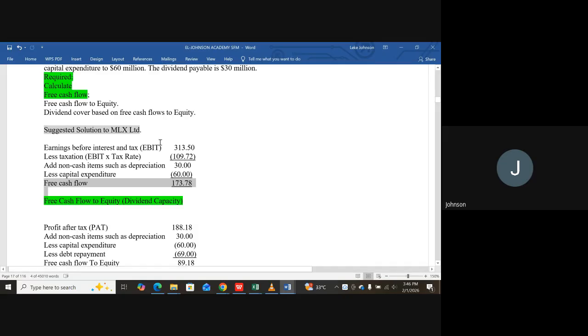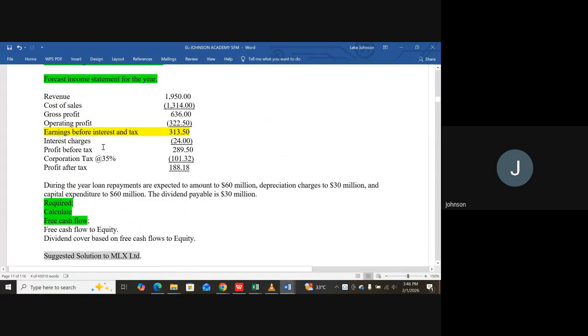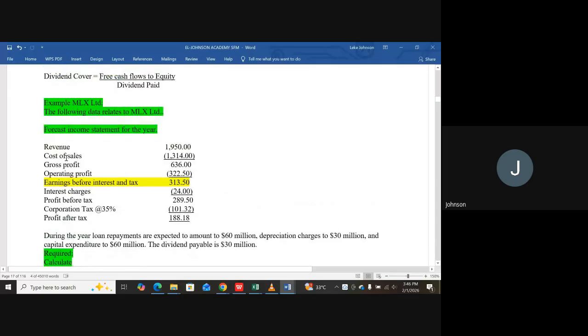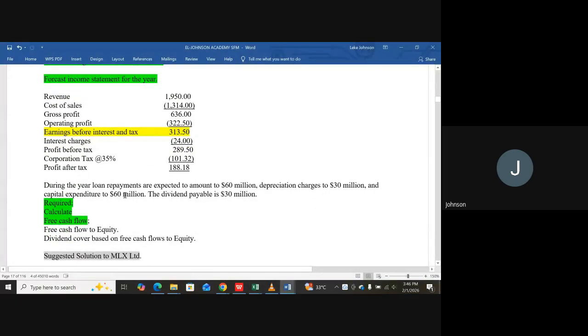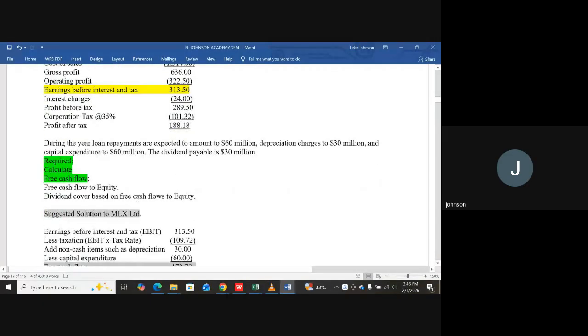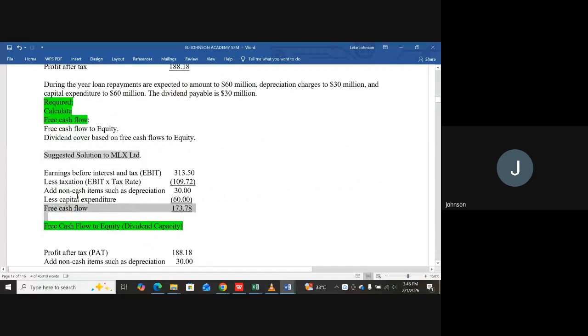So we now go and check. The first thing you want to do after tax is to add back non-cash items. So do we have depreciation in the question? You go and check. From here, we don't have depreciation here, but here, they say during the year, loan repayments are expected to amount to 60 million. Depreciation charge is 30 million, and the capital expenditure is 60 million. So depreciation is there. So we're adding back 30 million. Everything is in million. So we now add back our 30 million to this place.